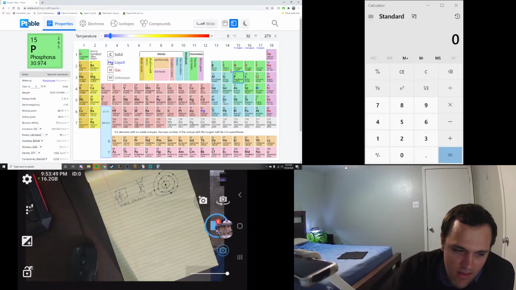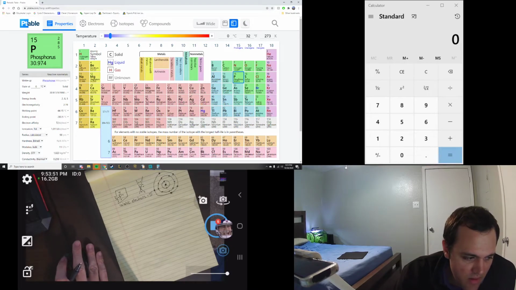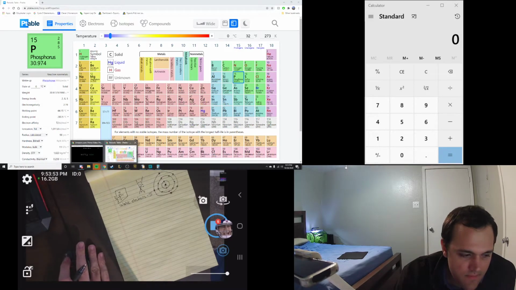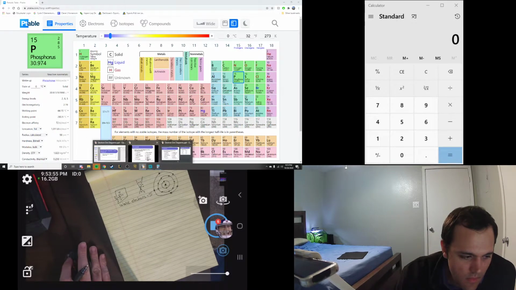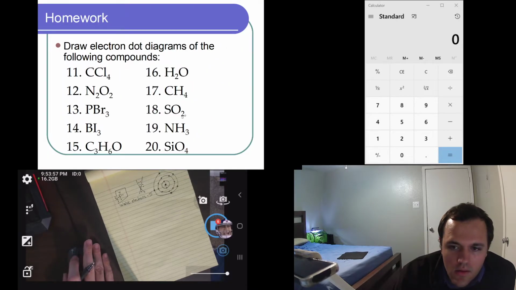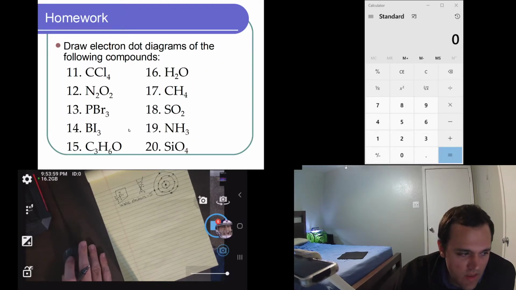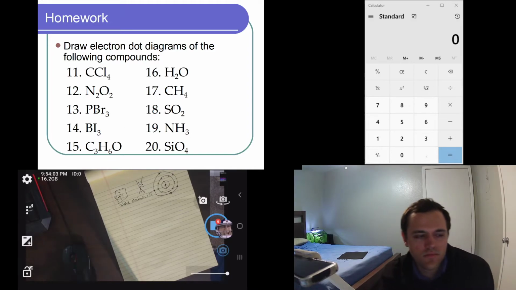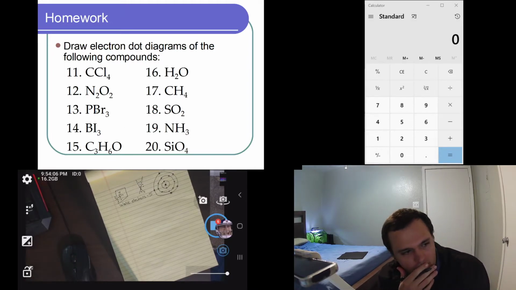The next 10 are trickier because they're asking you to figure out how the bonds work in each of these. We'll do 2 examples here: one of the simpler ones, and then one of the more complicated ones.